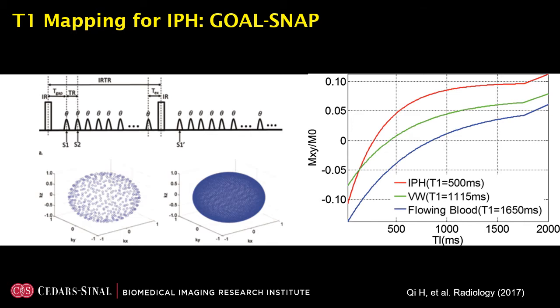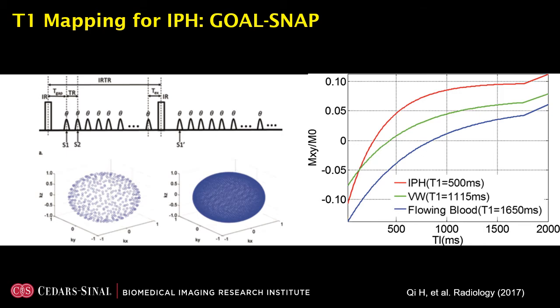Xie et al. developed an interesting method for 3D T1 mapping of carotid vessel wall. And this schematic drawing on the left shows the so-called GOAL-SNAP sequence. So after an inversion recovery pulse, a 3D golden angle radial acquisition is used to sample the entire inversion recovery process with a small flip angle and the gradient echo train.